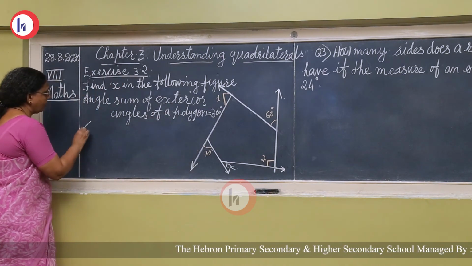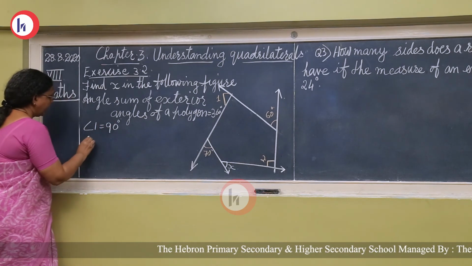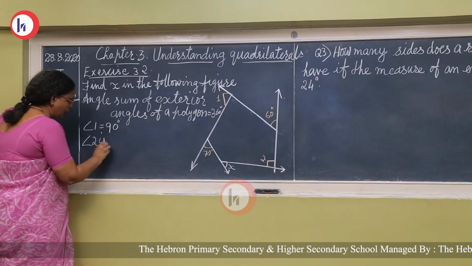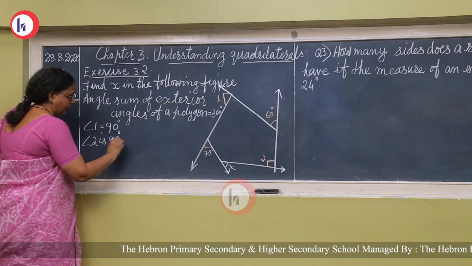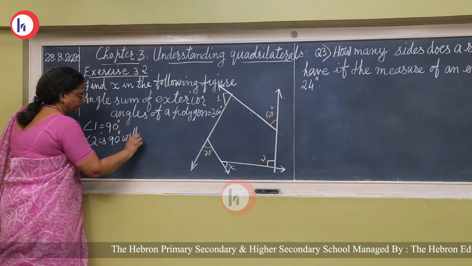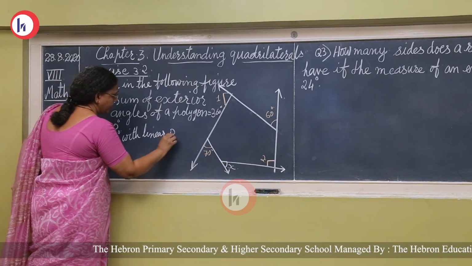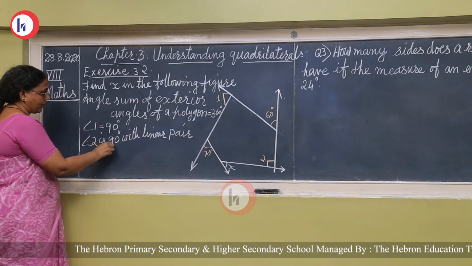Angle 1 is already given, that is equal to 90 degrees. Then angle 2 is a linear pair with a 90 degree angle.